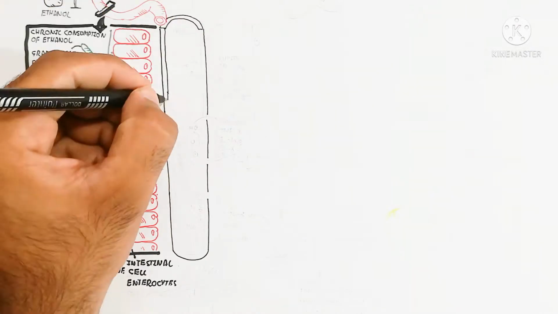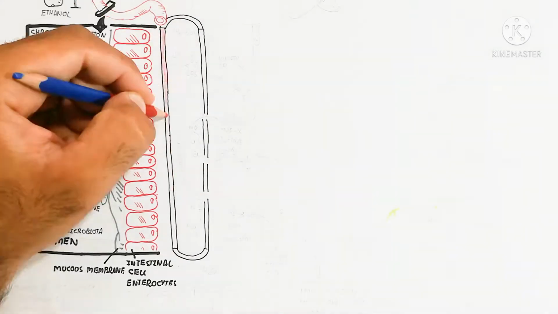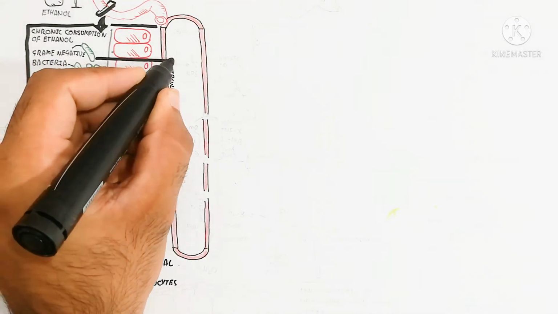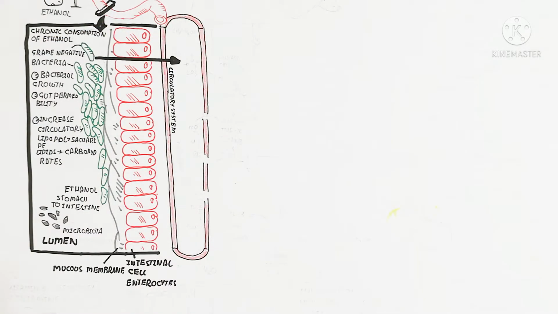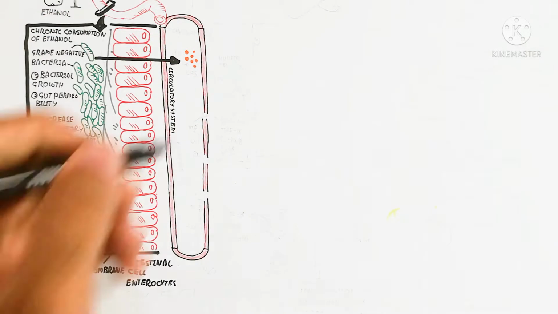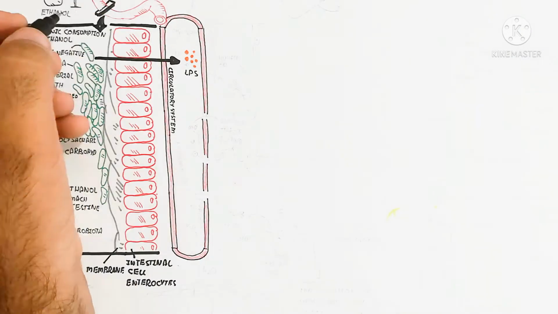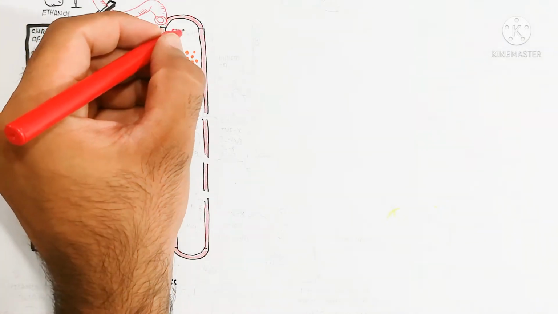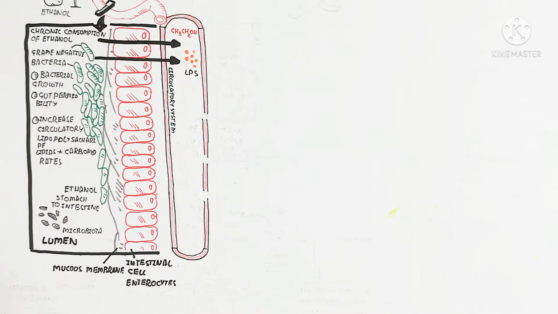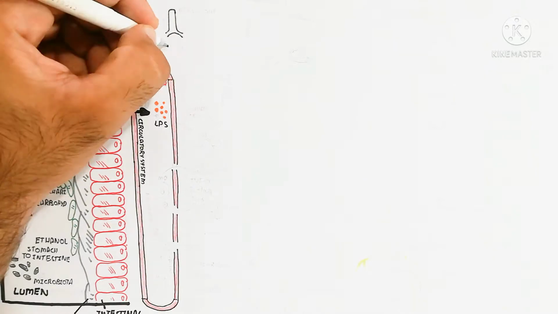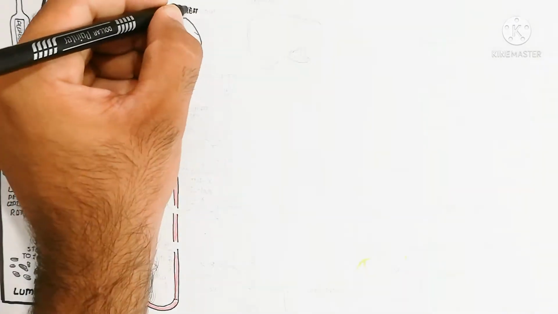On the other hand, here is the blood circulatory system, basically the blood vessels. When permeability is increased due to chronic alcohol consumption, the lipopolysaccharide will move into the blood. The more important thing is that alcohol also moves into the blood circulatory system, and the alcohol will be breathed out through respiration along with the exhalation of carbon dioxide.